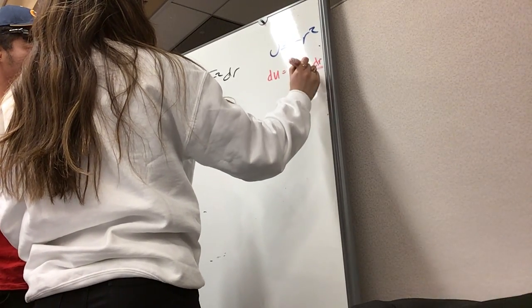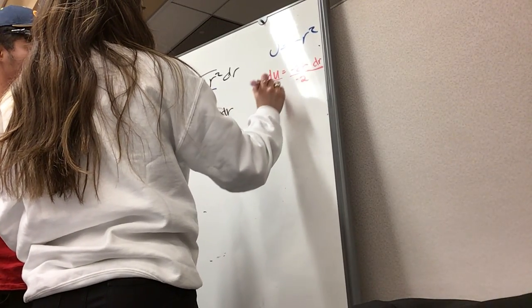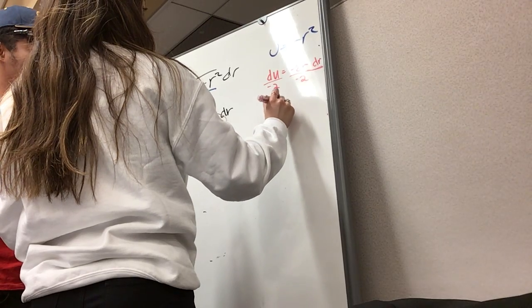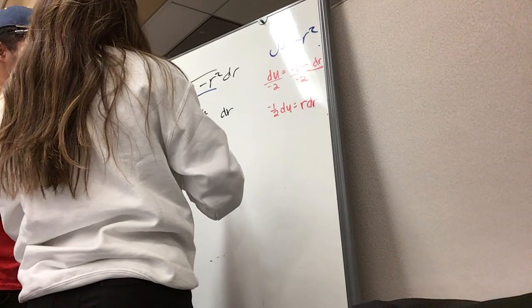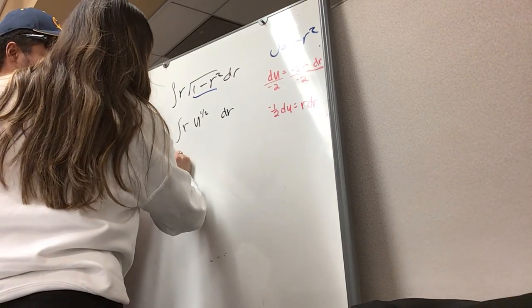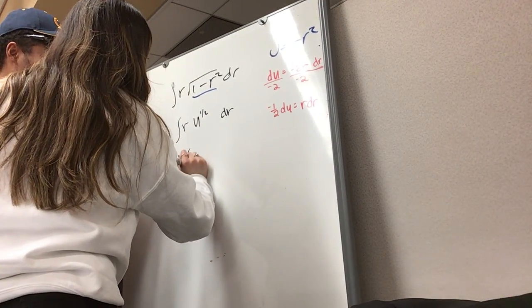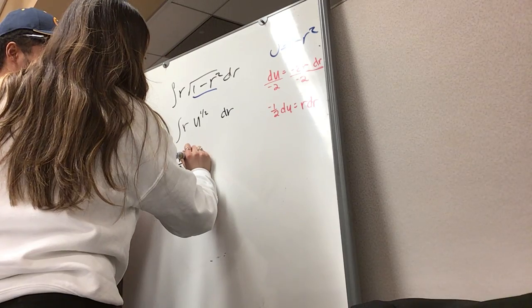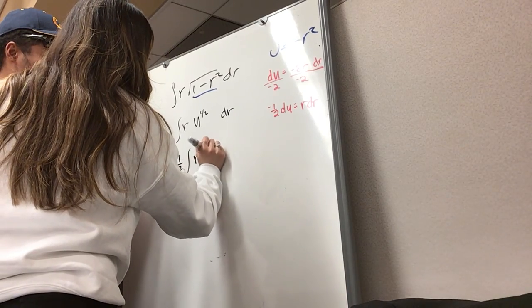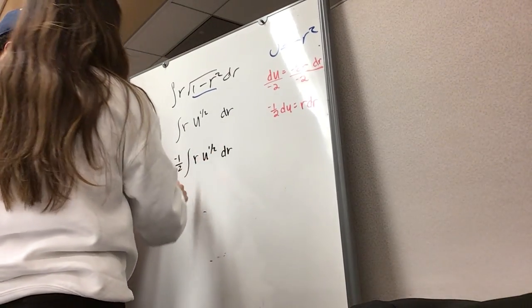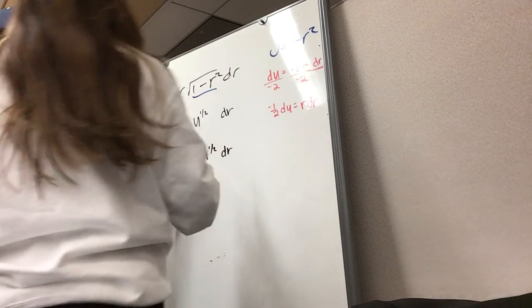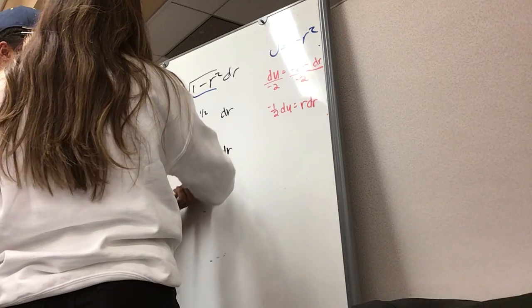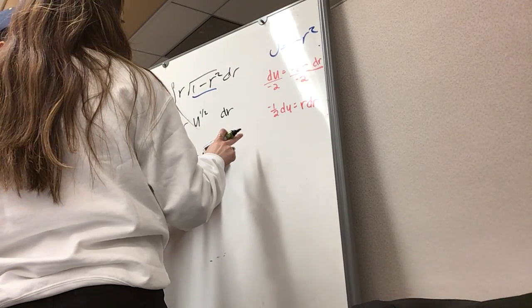What am I doing? The whole thing. So then it's, and I take the integral of this. How is this still in here? You take this out. This should be du now.